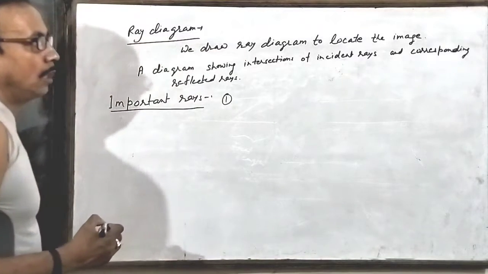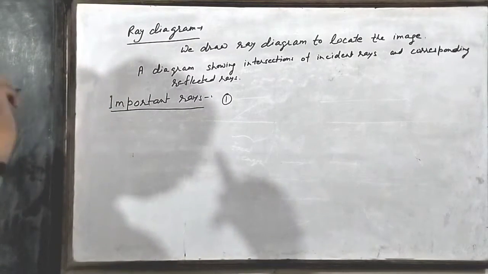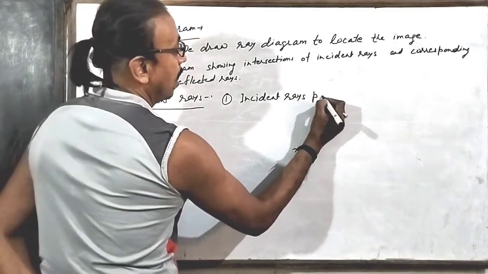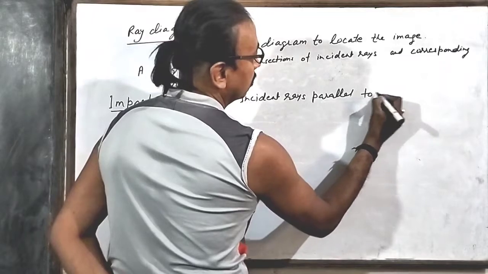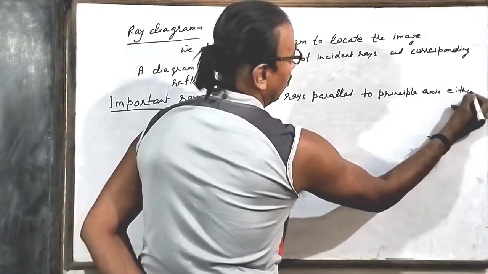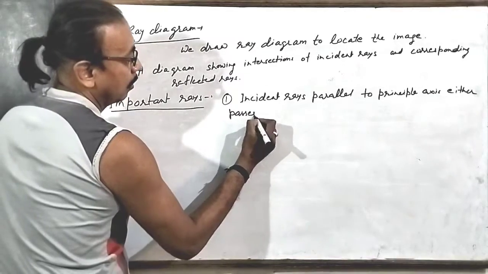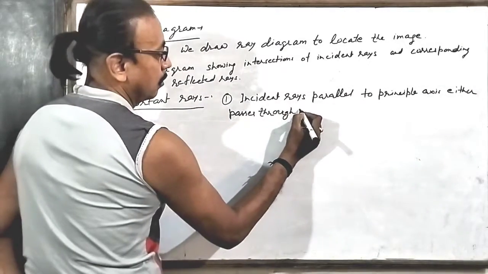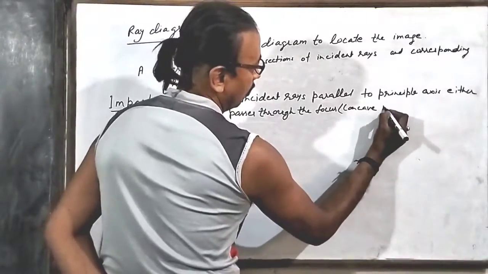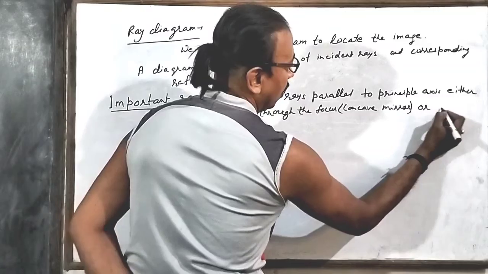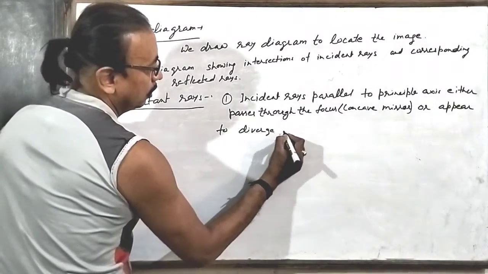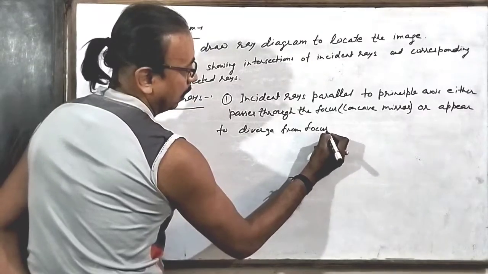First, incident rays parallel to the principal axis either pass through the focus, this is in the case of a concave mirror, or appear to diverge from the focus in the case of a convex mirror.